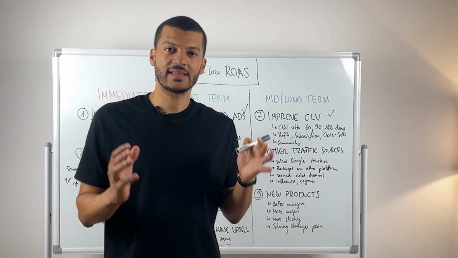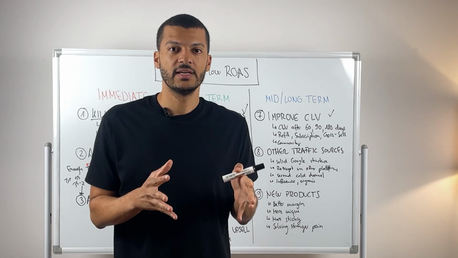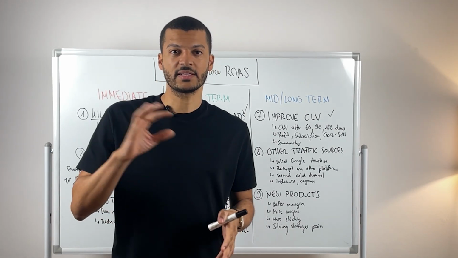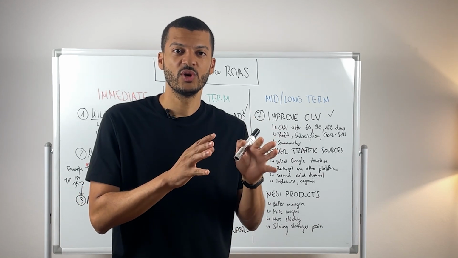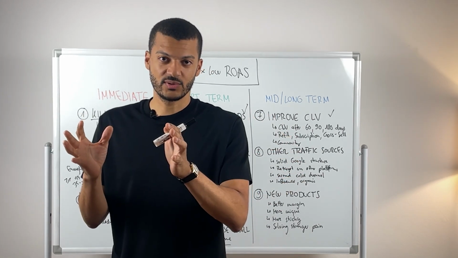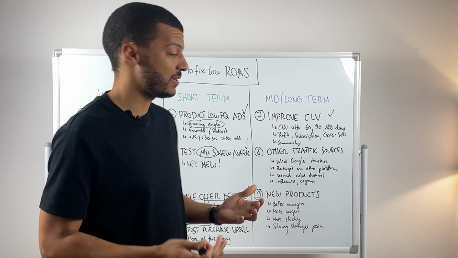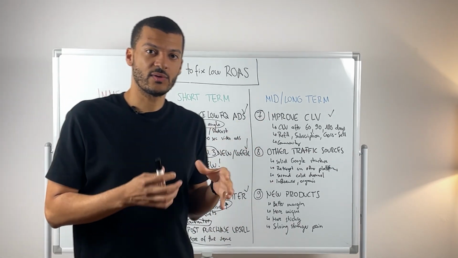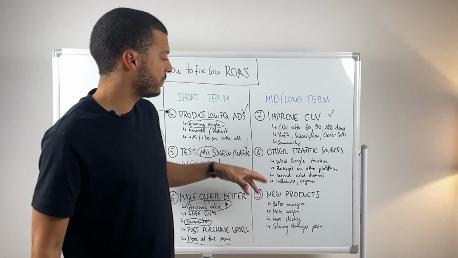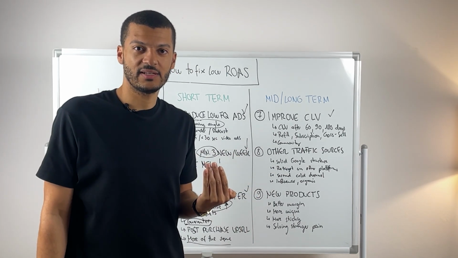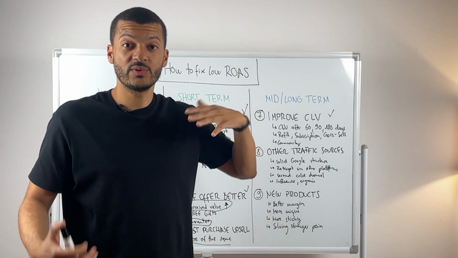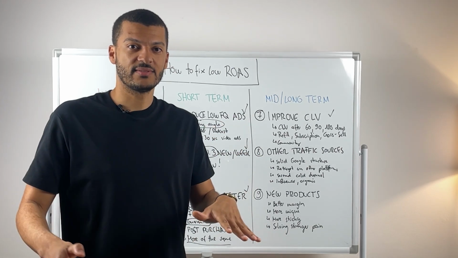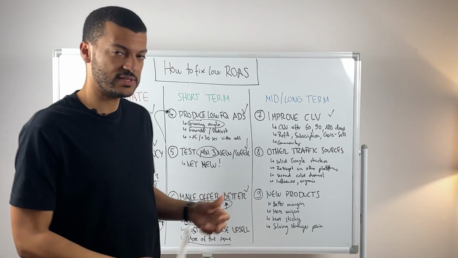So you need to dedicate a lot of time and effort to a certain channel until you can really maximize the channel and make it do what you need it to do for your business, for the bottom line. But still, at some point when you only rely on one channel, you're very dependent on that channel, and then when for whatever reason the performance in that channel is not that great, basically your whole business doesn't do well, right? So this is obviously what we don't want.